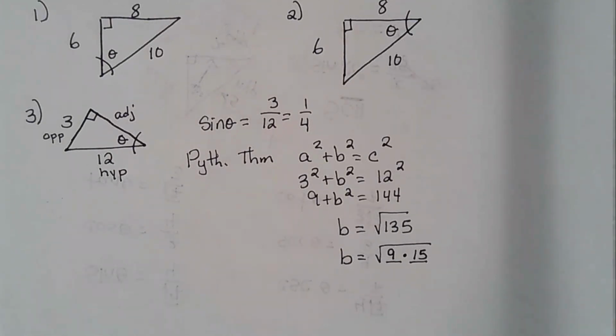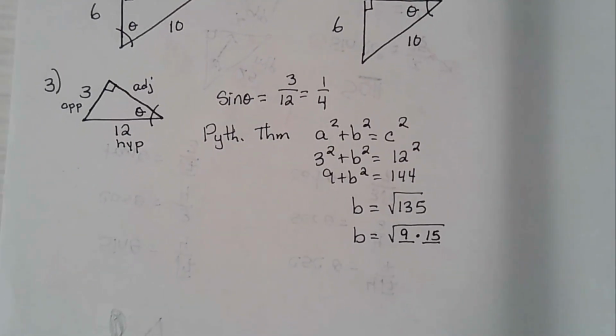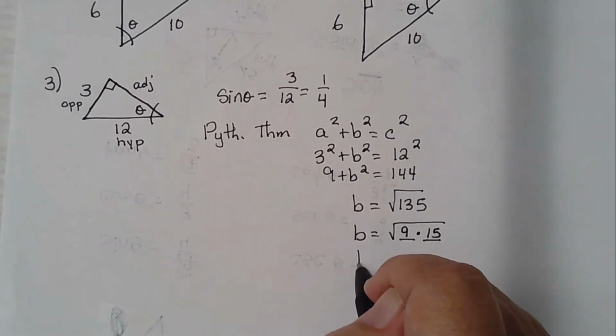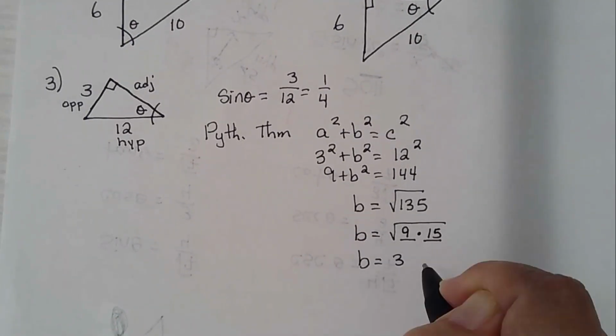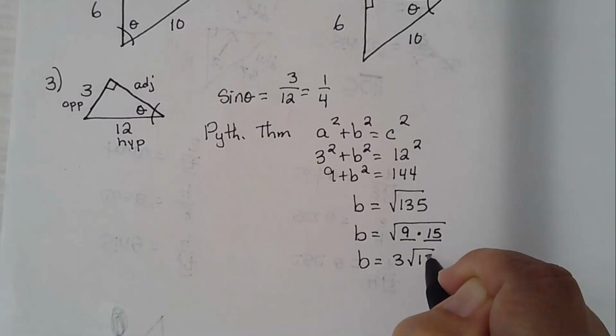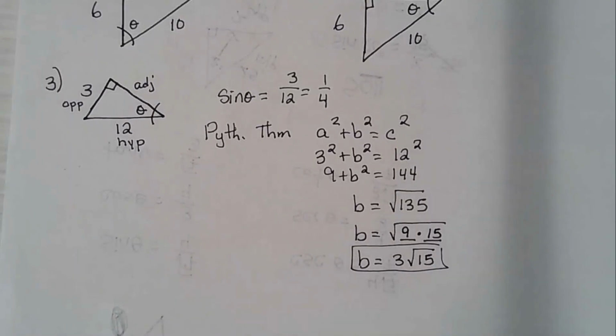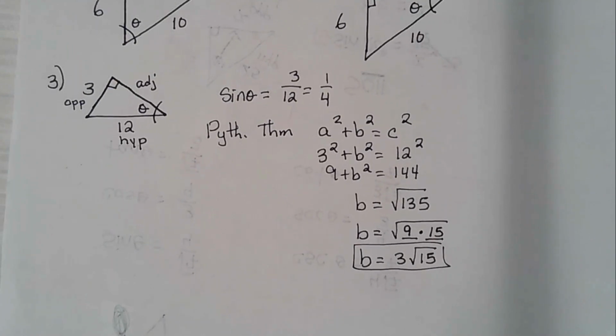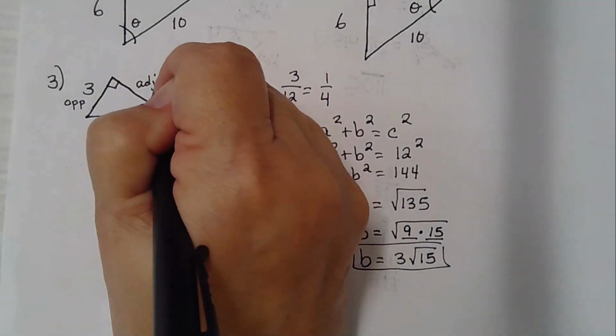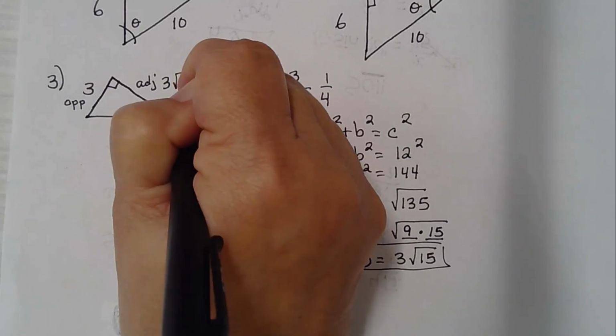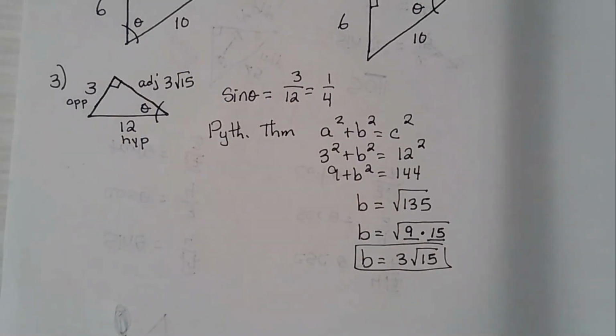So then we take the square root of 9. The square root of 9 is 3, and the 15 would remain under the square root sign. So we're going to say that our adjacent side is 3 times the square root of 15. Now those groups that put the square root of 135 there, that was not an incorrect amount. It was just not a simplified answer.